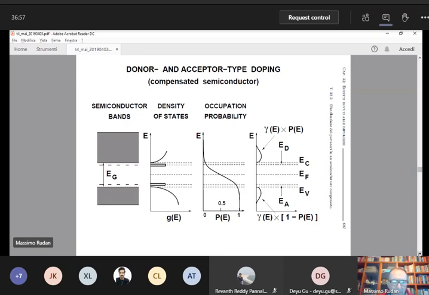Because if we introduce exactly the same amount of donor and acceptor dopants, then the Fermi level will go up and then will go down again by the same amount, okay? So it will not move eventually. So this is the situation of a perfectly compensated material in which the Fermi level is in the mid-gap like in the intrinsic case.